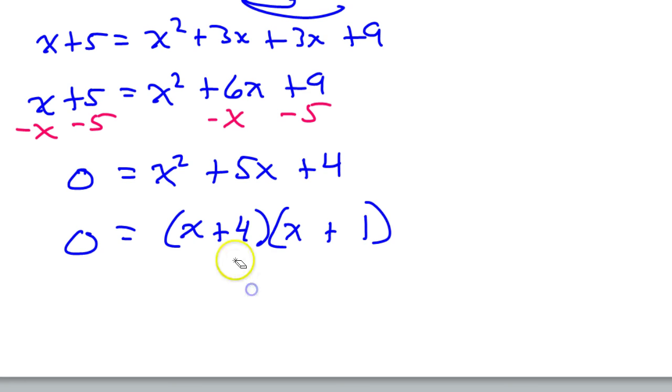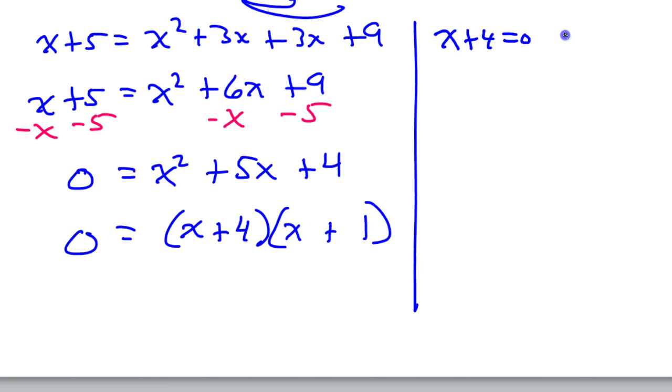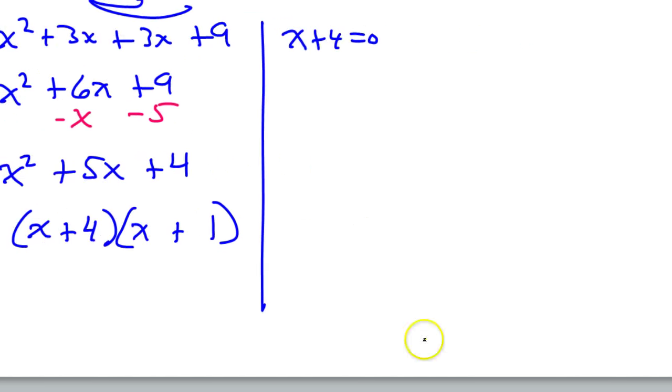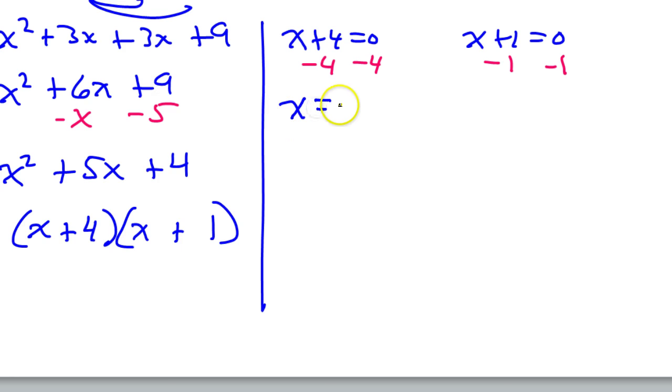Now to get the final answers, I set these two equal to 0. So if I do x plus 4 equals 0, and I set x plus 1 equal to 0, subtracting 4 from both sides and subtracting 1 from both sides, that's going to give me x equals -4 and x equals -1.